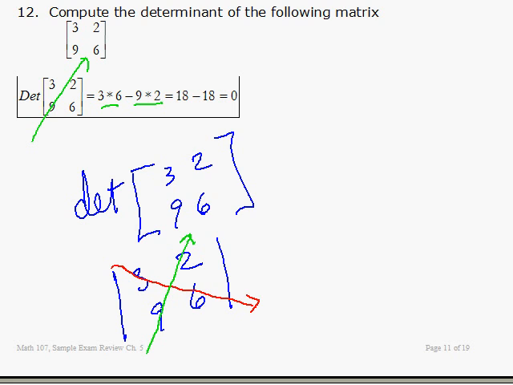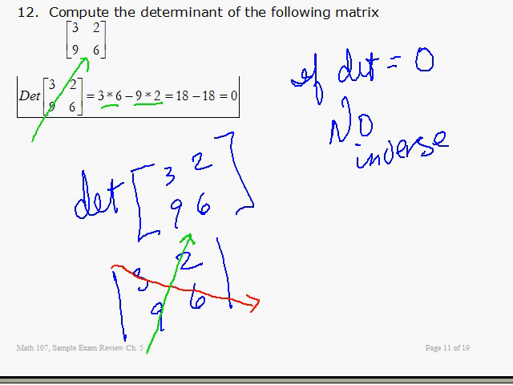Now, the determinant has a very big meaning when it comes to inverses. If the determinant equals 0, there's no inverse. Otherwise, there is an inverse.